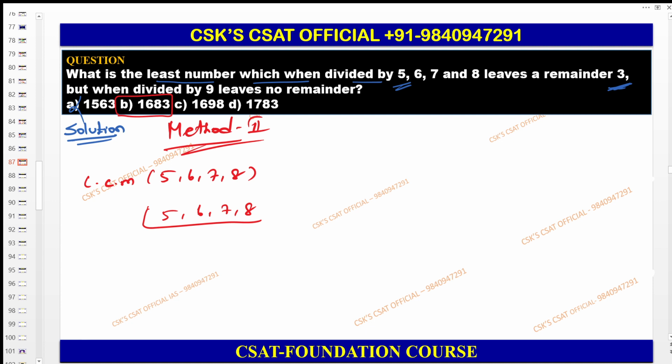We can multiply 5 into 6, then multiply the result by 7, then by 8. That is also an LCM, but it's a lengthy process in some cases. This is also one of the methods.